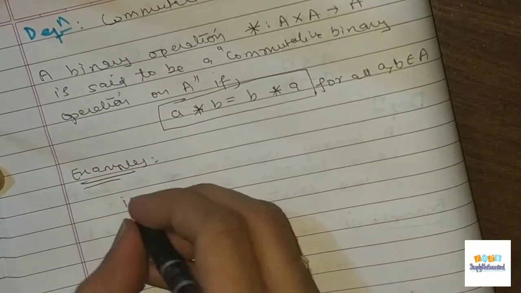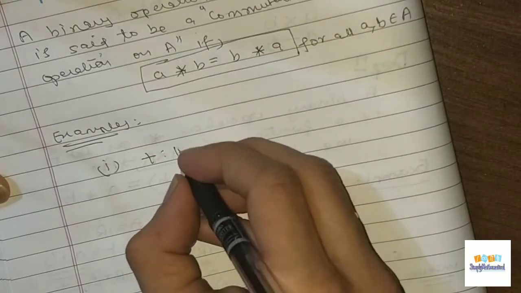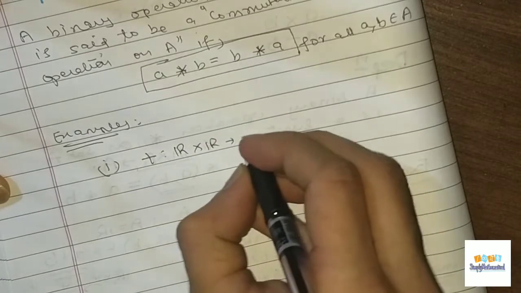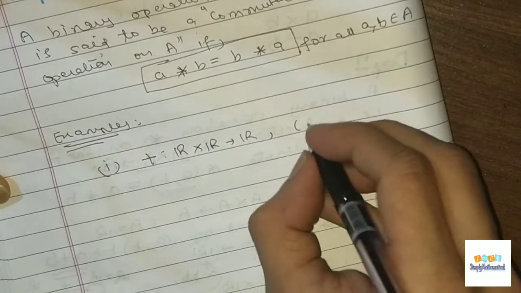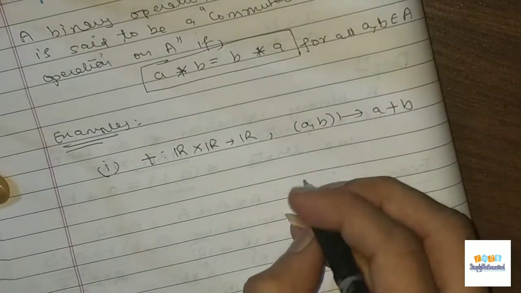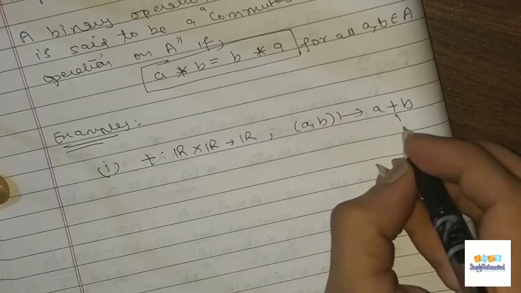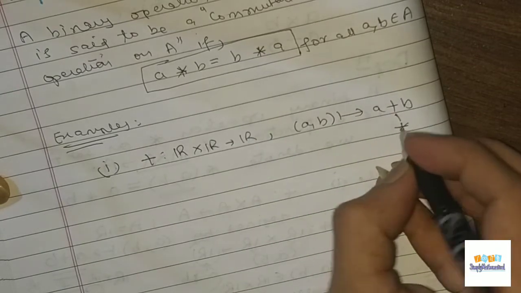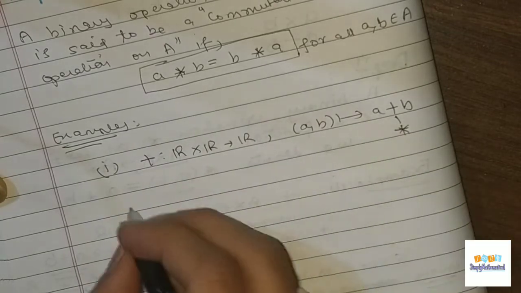Now first we will take the example addition from R cross R to R. Now this is defined by what? A comma B goes to A plus B, right? Now here we can call this star in general.